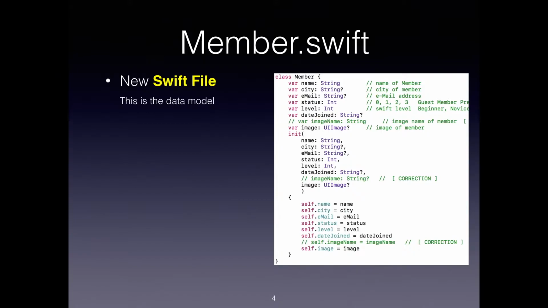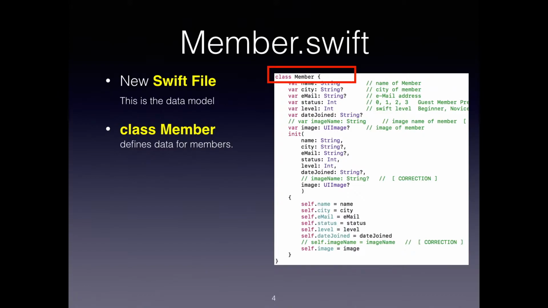Controller is what essentially controls how you communicate between the user and the view and the data. And model is the actual data. So we're going to create a class, and we'll talk about that in more detail. And this class, we're going to call it member, and it's basically something that defines the information that we want to keep in a member.